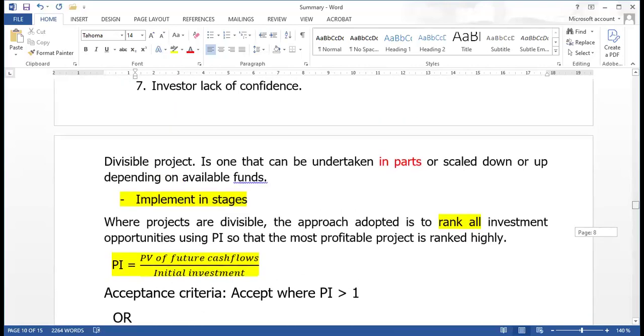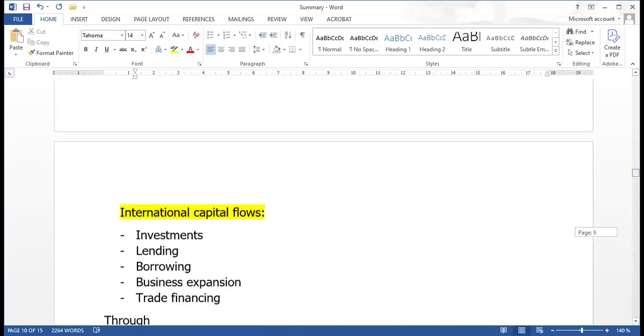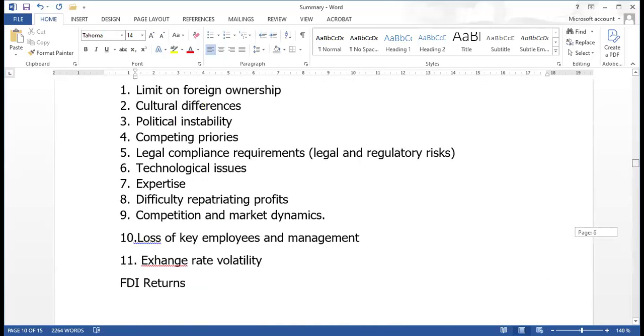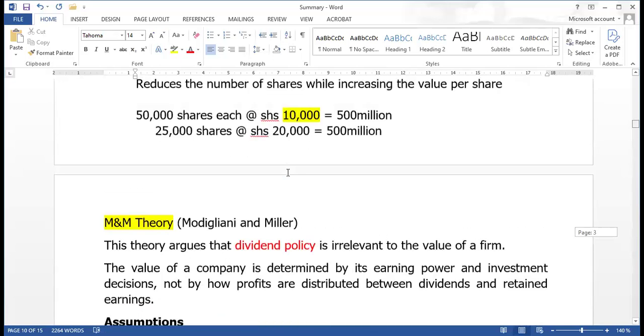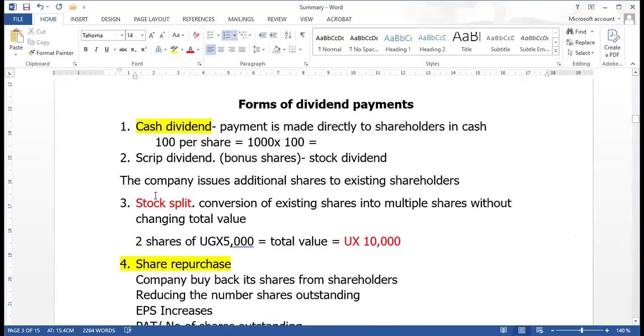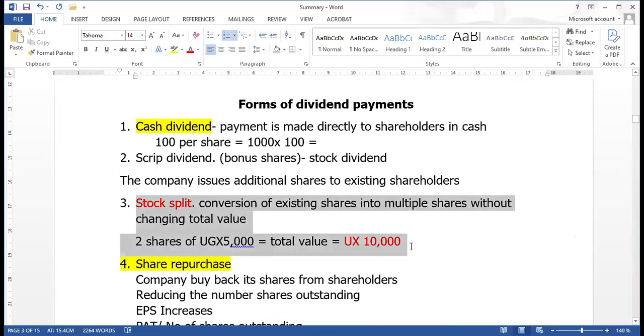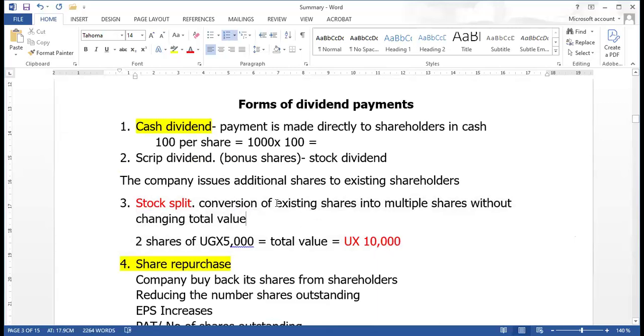Now, recall what I gave you last time about dividend, because I remember we discussed this. You are trying to convert the existing shares into multiple shares, but the aim is that we are not changing the total value.